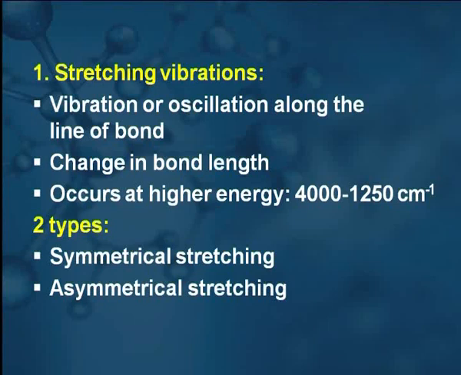These stretching vibrations are of two types. First is the symmetrical stretching and second is the asymmetrical stretching. So when any absorption takes place, these types of stretching vibrations and bending vibrations take place in the molecule during the absorption of the radiation. So what is the symmetric vibration?